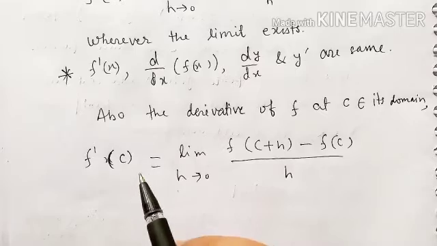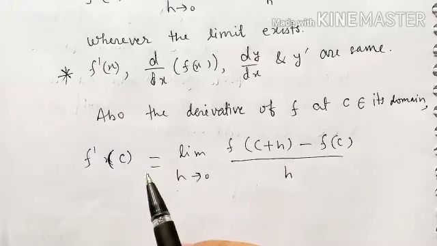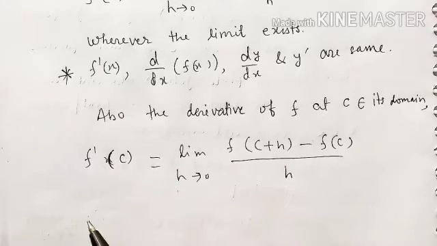Now let us do a theorem. Before that, let me recall the algebra of derivatives. We have studied that the derivative of the sum of two functions is the sum of their derivatives.